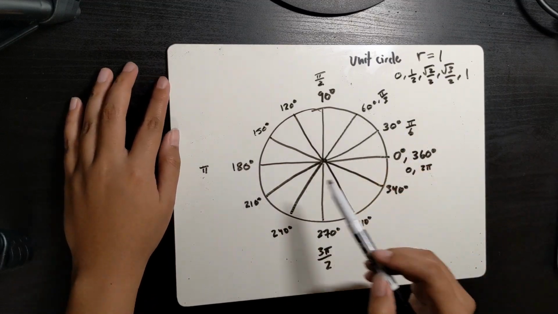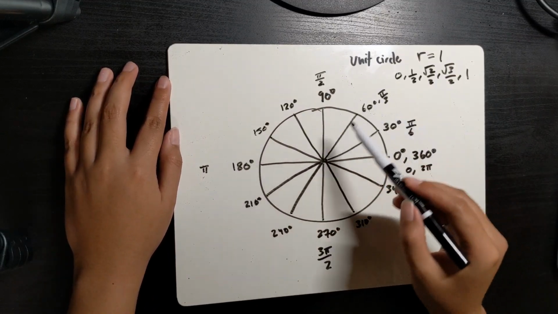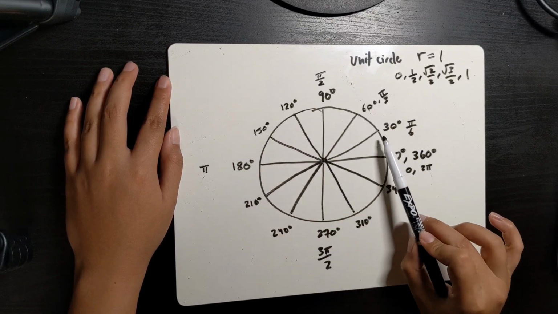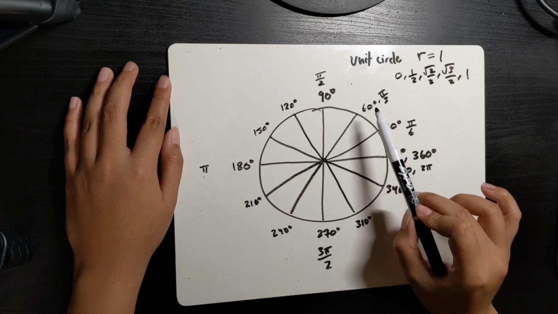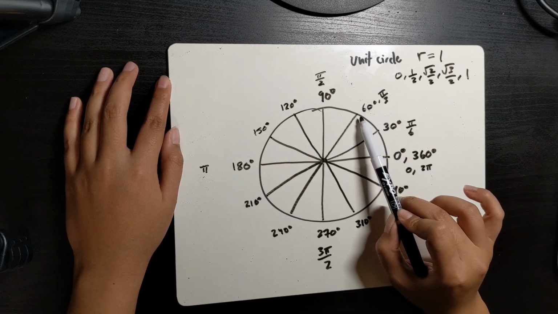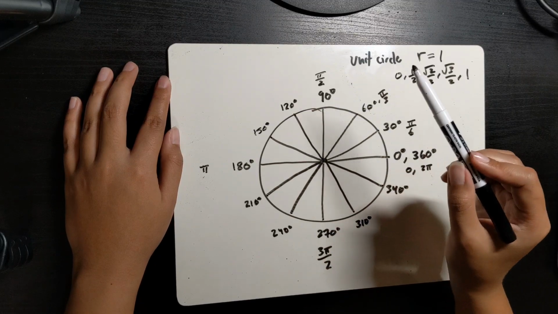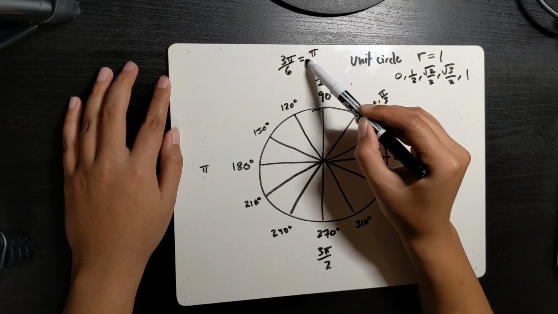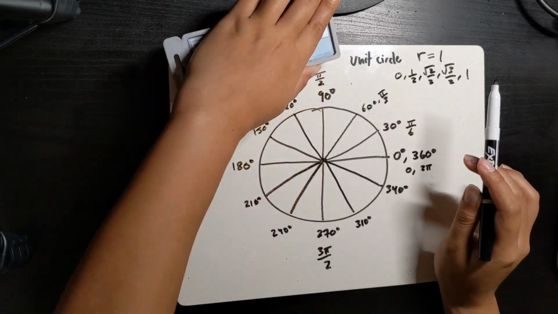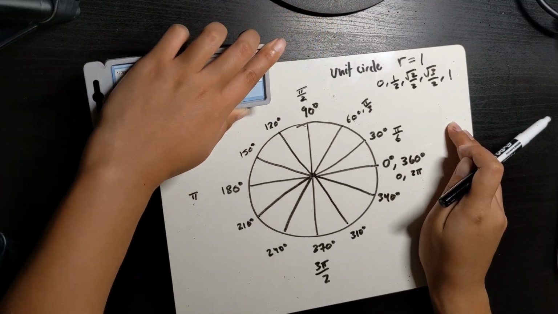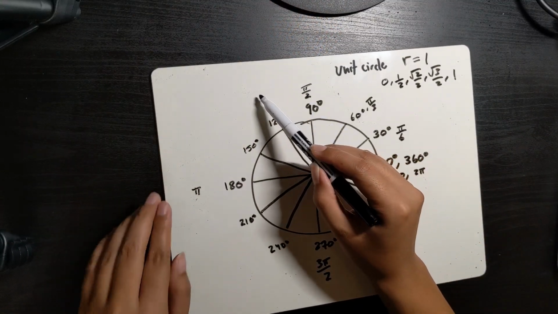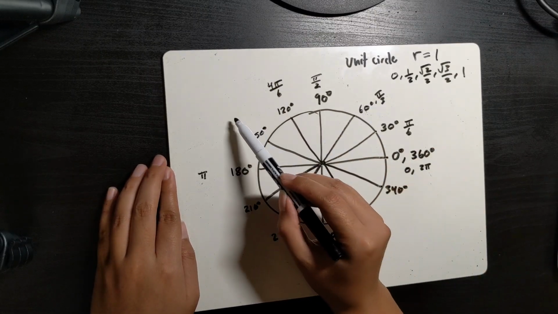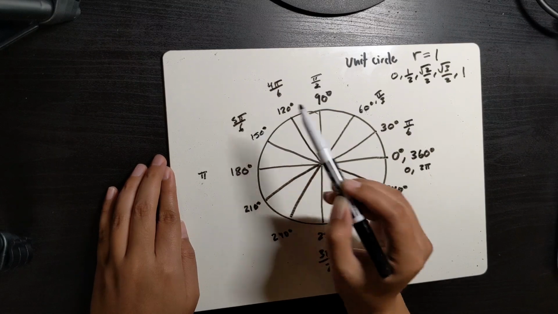Now, we can go back and add the radians. So in units of radians, 120 is, let's see. Since that's pi over 6, we add another pi over 6, becomes 2 pi over 6. That's 3 pi over 6. And I can prove that. 3 pi over 6 simplifies to pi over 2, right? So since pi over 2 is 3 pi over 6 at 90 degrees, this would be 4 pi over 6. This would be 5 pi over 6.